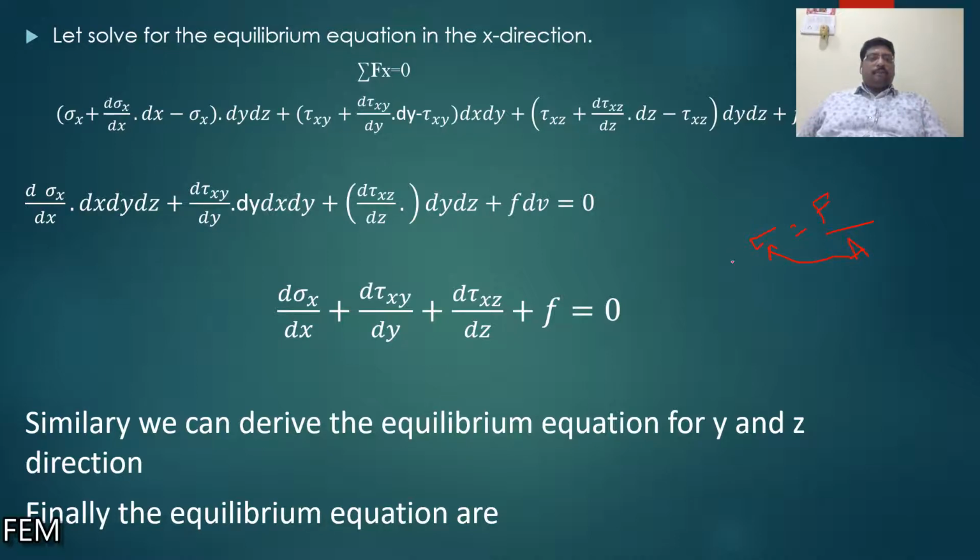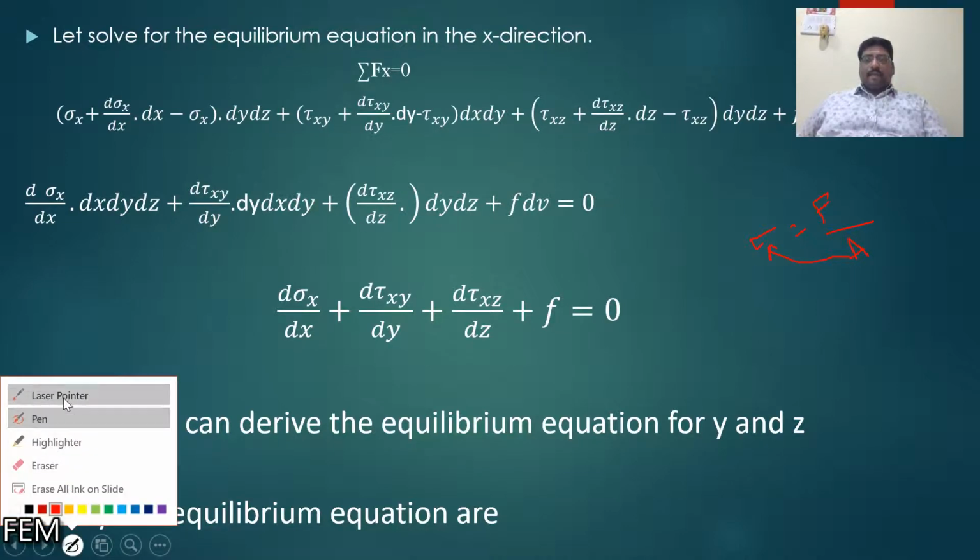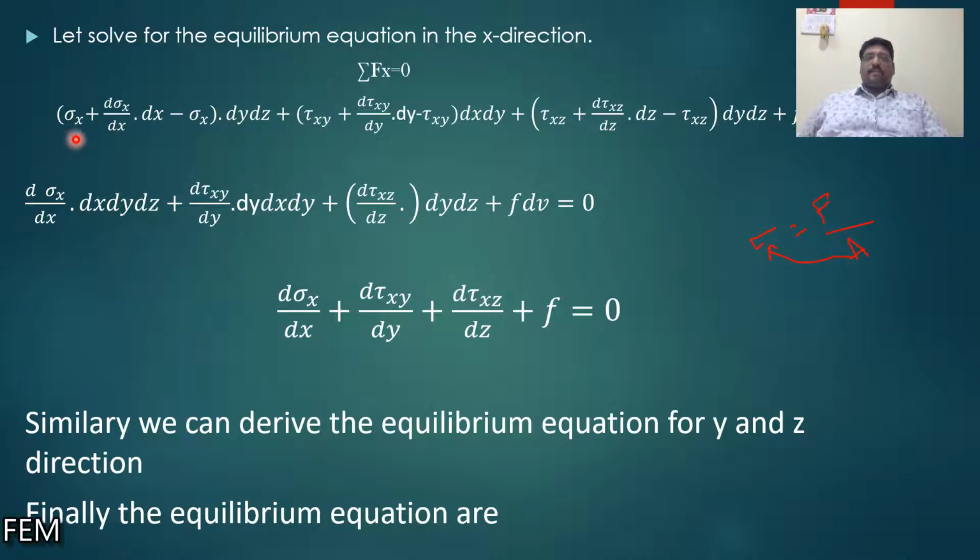Here, the total induced stress in x direction is sigma x plus dou sigma x by dou x into dx minus sigma x. The plane perpendicular to the applied axial stress is dy dz, so dy into dz represents the area. The product of stress into area represents the force in the axial direction.